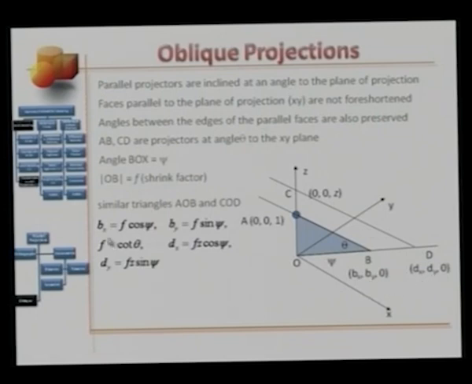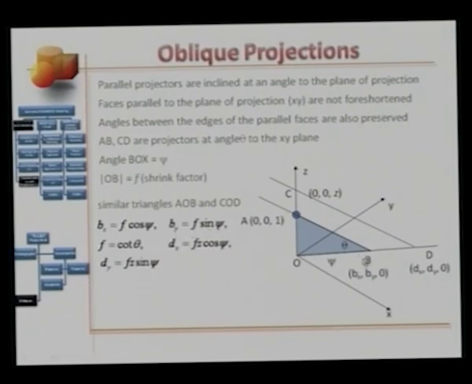Now, B sub x is F times cosine psi. This distance is B sub x, which is the projection of OB on the x-axis. Length of OB is F. Likewise, B sub y is F sine psi.